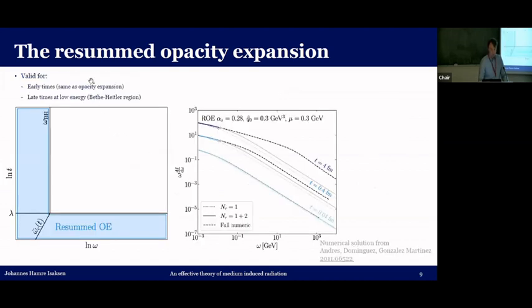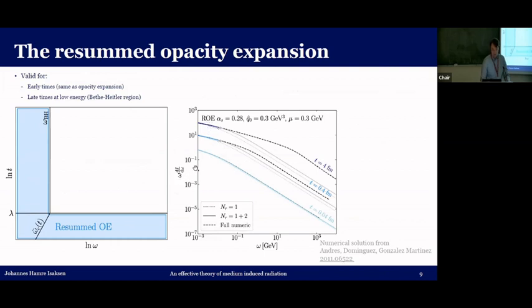So to sum up the resummed opacity expansion, it's valid down here. It's the same as the opacity expansion because they are the same here. But the good thing is that it also is valid for energies below the beta Heitler regime. And you can see this on this plot. Now it only matches the numerical solution for very low energies.